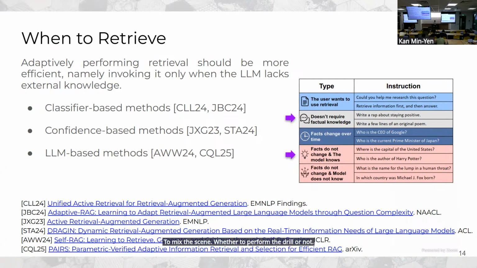The third category, LLM-based methods, refers to the case where the retrieval decision is made by the LLM itself, for example by predicting some tokens such as search, or providing the answer directly. For these three categories, we listed a number of reference papers at the bottom. Please take them as a reference.